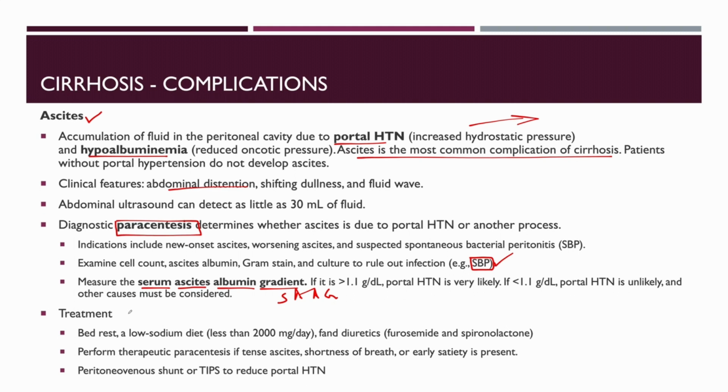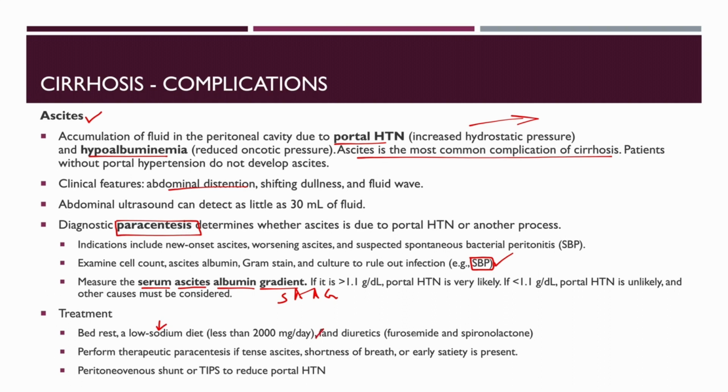Treatment for ascites. Patients unfortunately become pretty used to having fluid in their stomach. If it gets bad, let's say they go out to eat a lot on vacation and have high sodium content in their diet, they can get more distended, so we would definitely recommend a low sodium diet and diuretics.